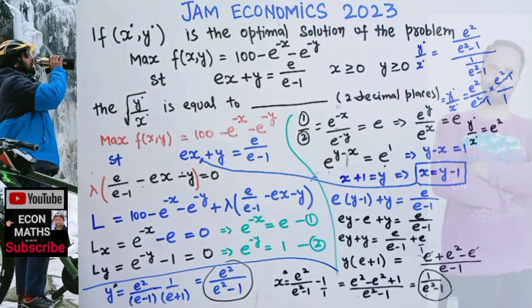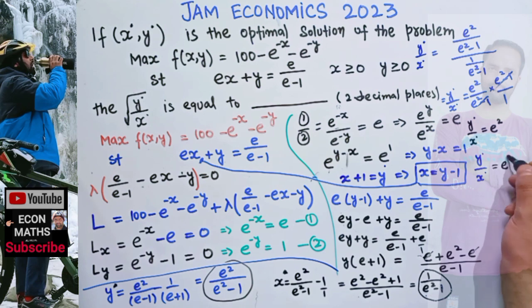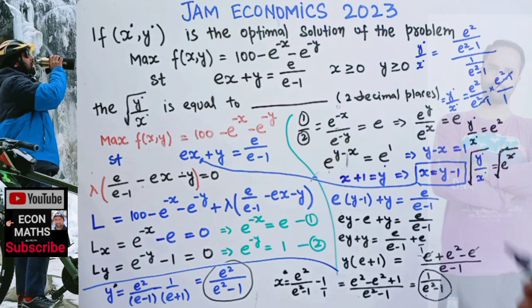But we need to find out under root of y star upon x star. Since we want to find the under root, it is equal to e square here. Let us put under root here, then we have to put under root sign here also. So square and root gets cancelled.